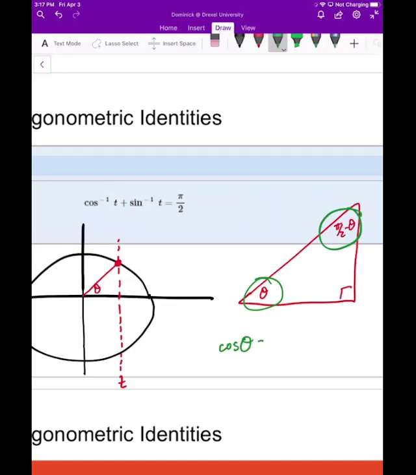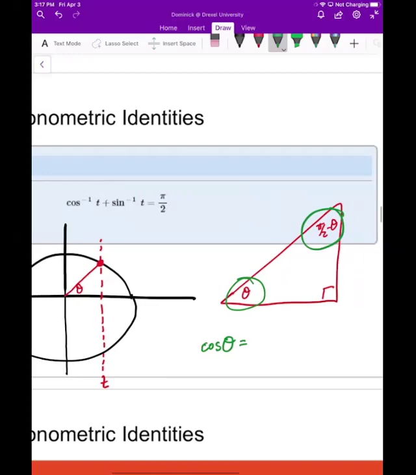Let's put it this way: theta is the inverse sine of t, and pi over 2 minus theta is the inverse cosine of t, right?